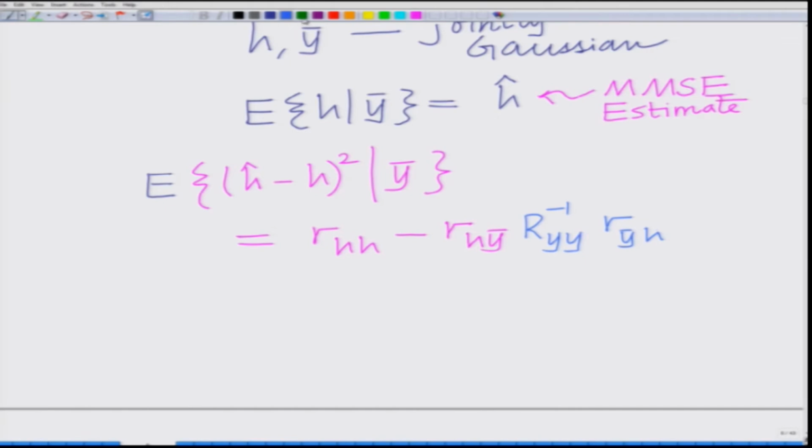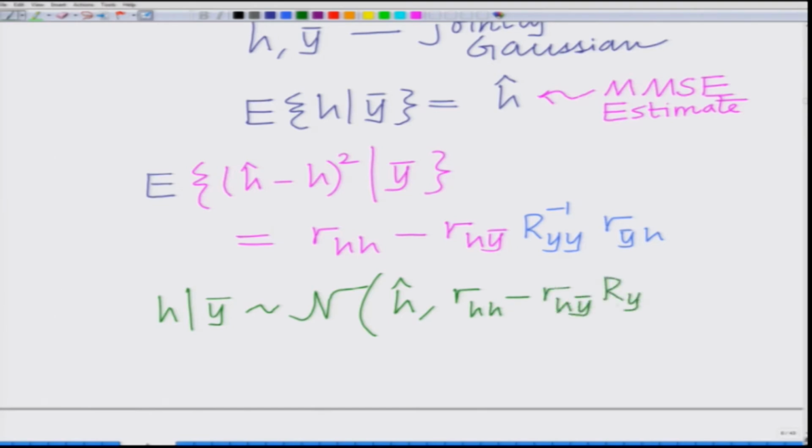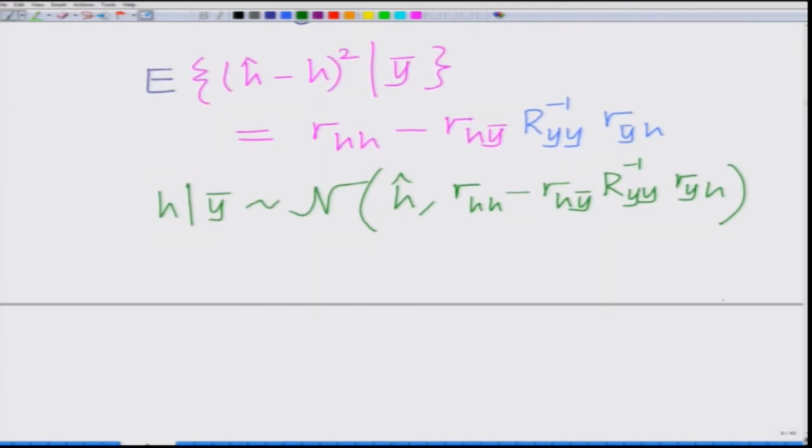Okay. So what we have therefore is that h given y bar is Gaussian, with mean h hat given by the MMSE estimate, and variance given by the mean squared error, that is R_hh minus R_hy R_yy inverse R_yh. Okay. This is also known as the posterior probability density function.